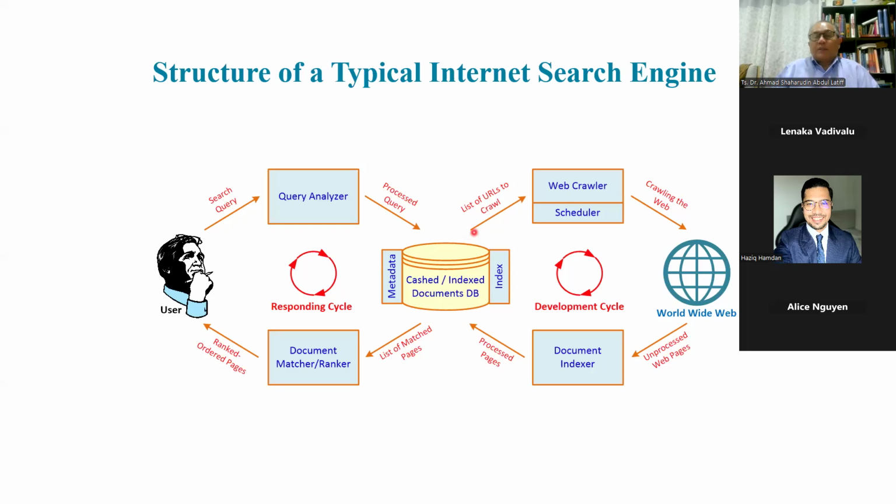So we have something that we call web crawler. Web crawlers have a schedule. They will crawl the web, fetch the URL and the contents of the web, put them into a document indexer, and then process this document, so this index becomes a cache index or index document database, and then it will continue to crawl.